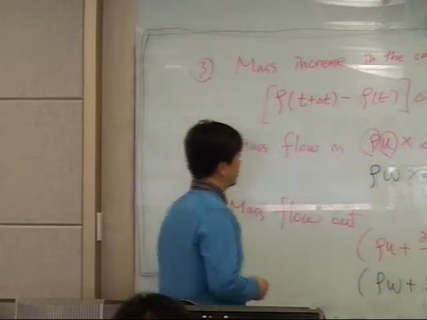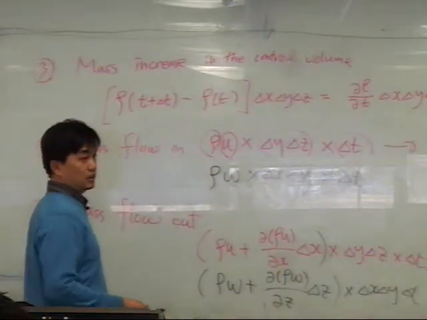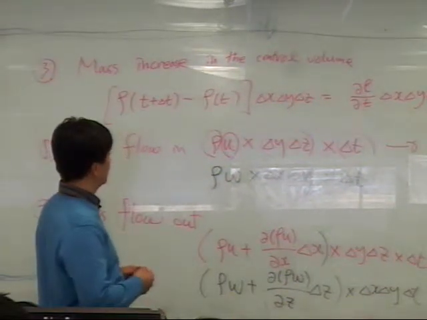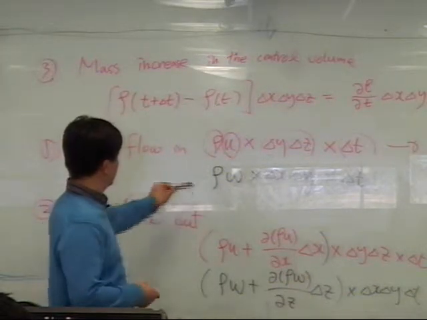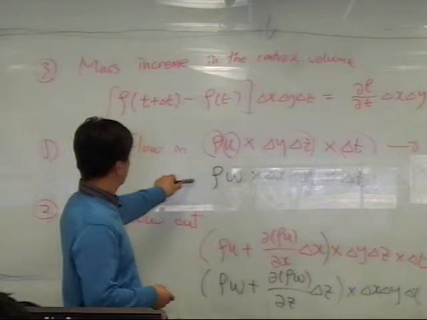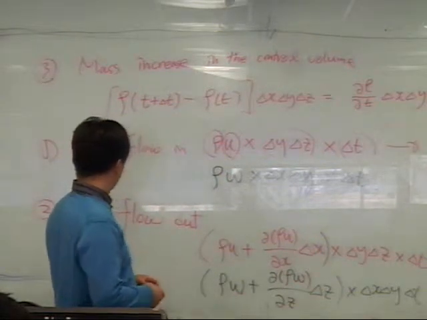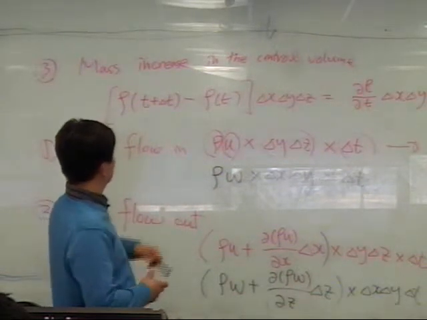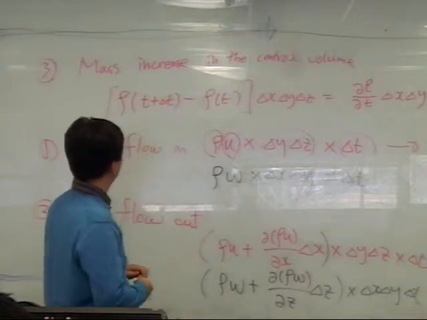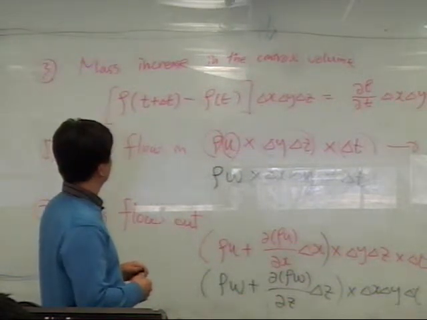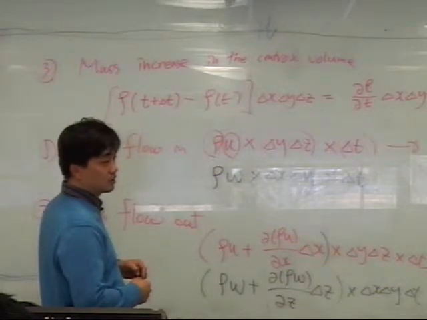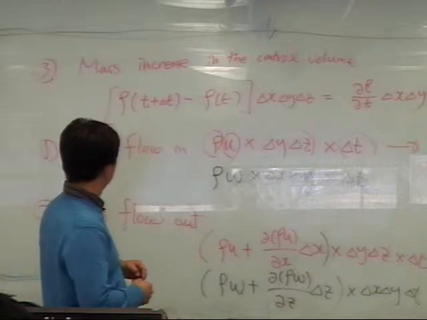Okay, so let me see. Why? Explain about the right hand side of the third equation. Third one? This one? Here, mass increase in the control volume. Is that from the difference of equation number 1 and equation number 2?